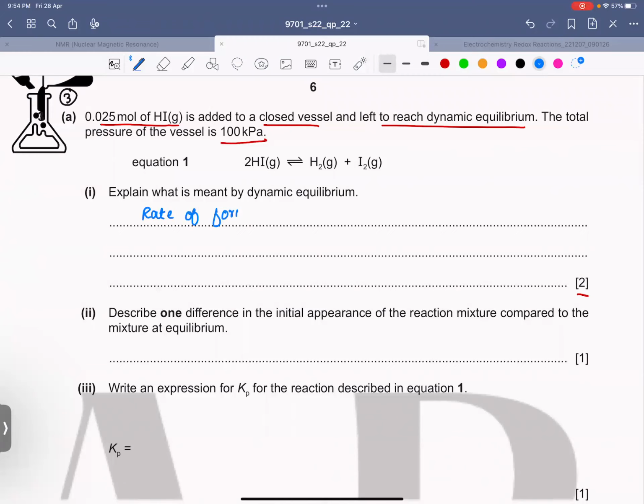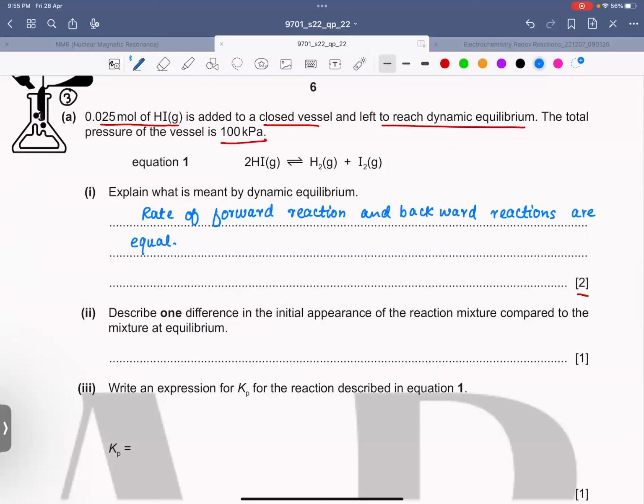It is a closed system. So this statement will get you 1 mark.